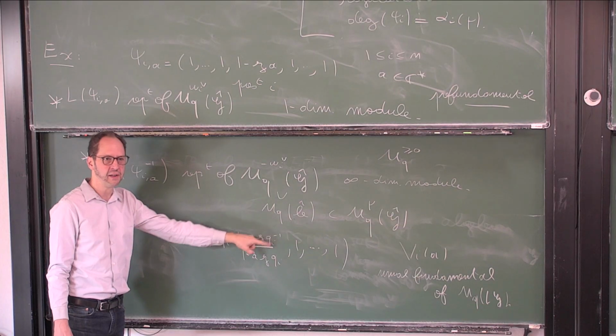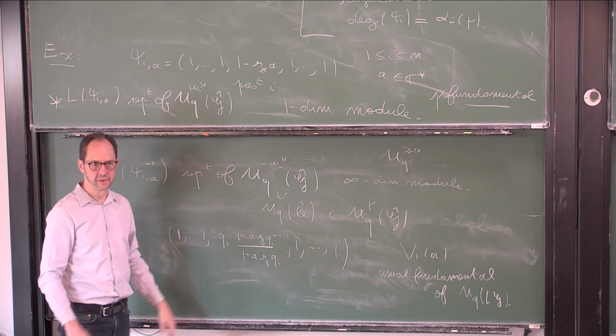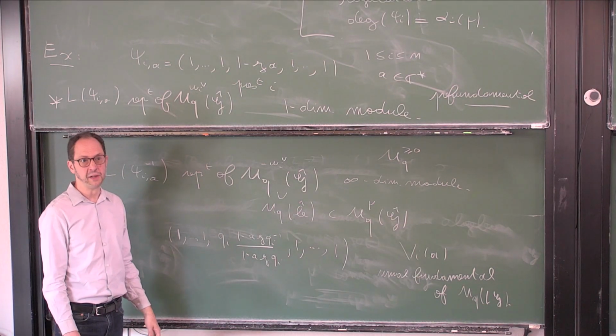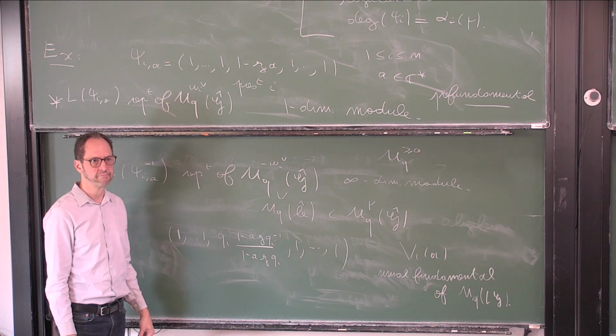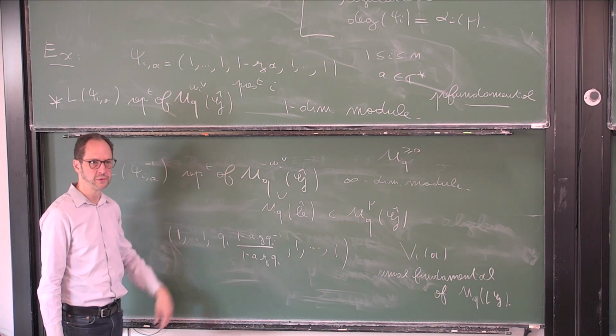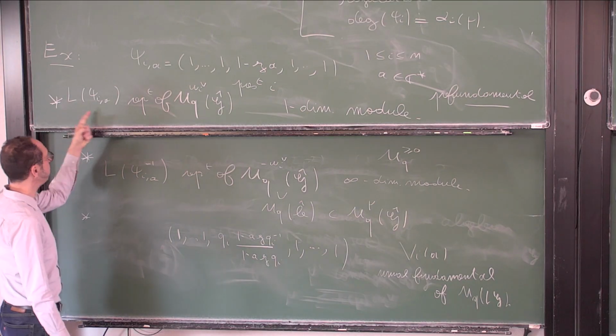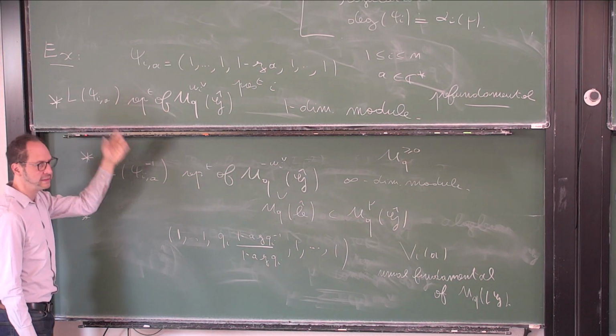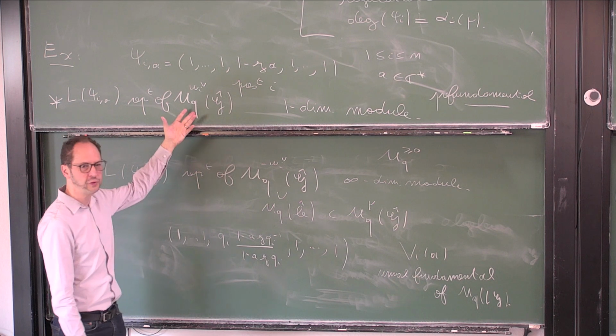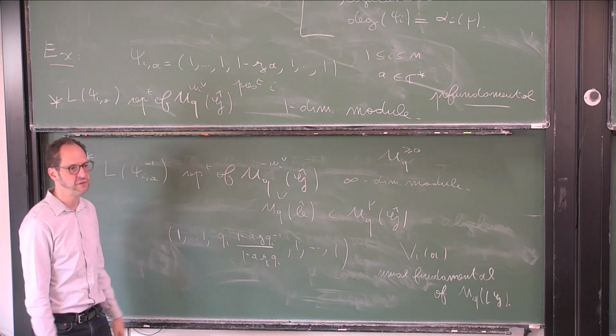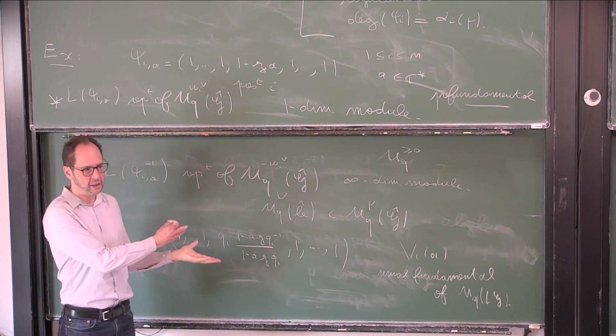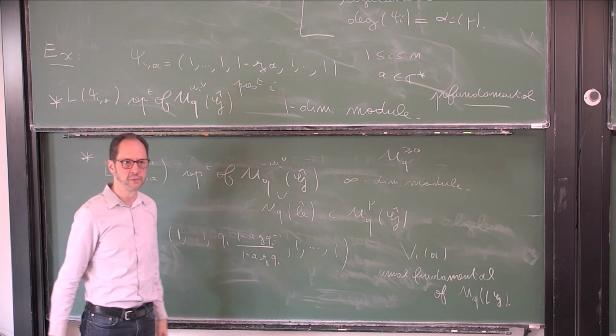So the Borel algebra does not have non-trivial one-dimensional modules. This kind of finite-dimensional module is a new phenomenon which appears for shifted quantum groups. They also appear for shifted Yangians, for example.